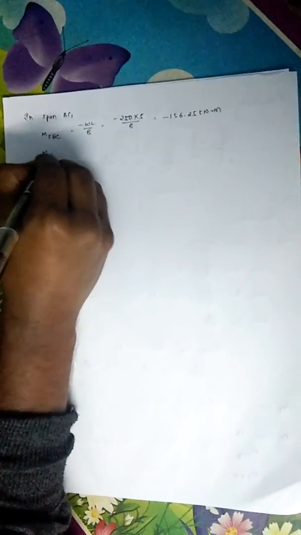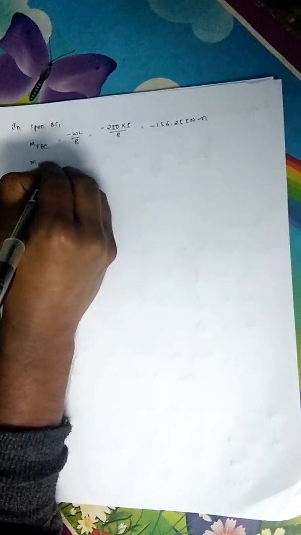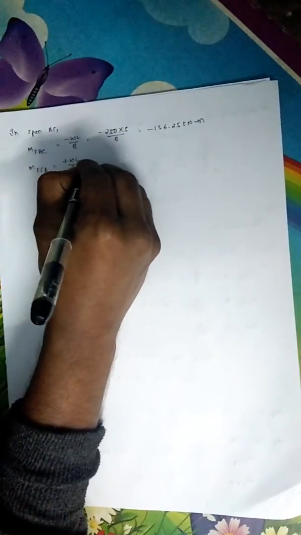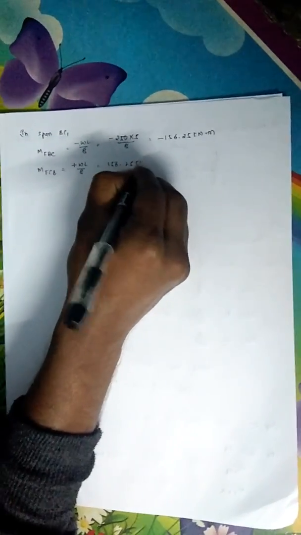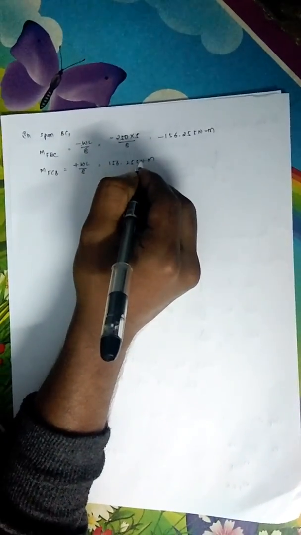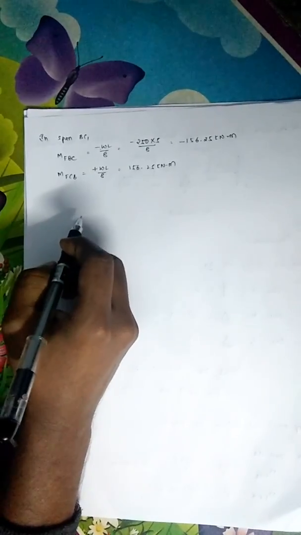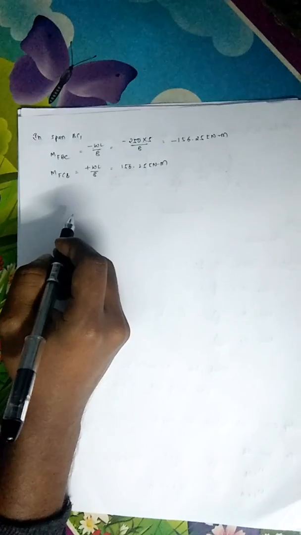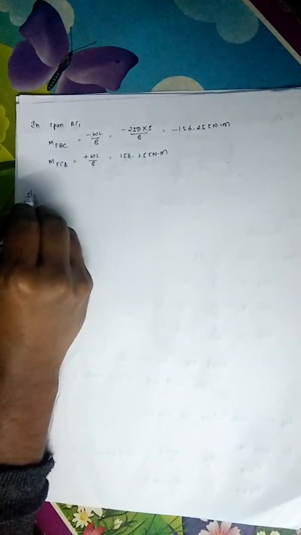Same as MF CB. MF CB is plus WL by 8, that is equal to 156.25 kilonewton meter. So we calculated the fixed end moments in span AB and span BC. And next, step 3.